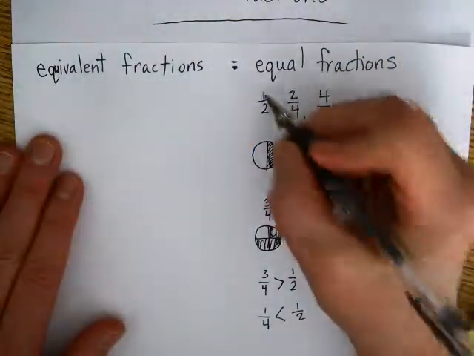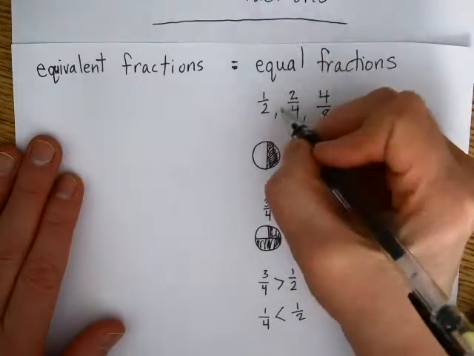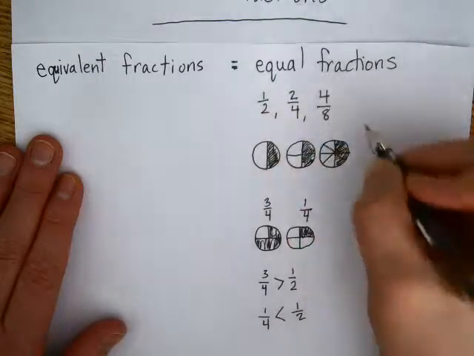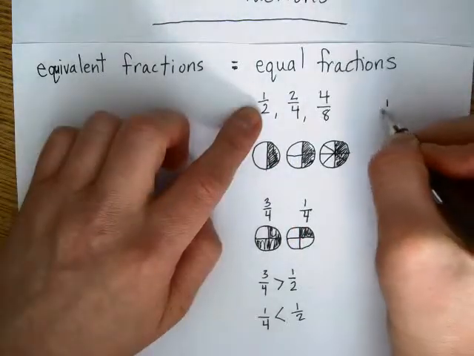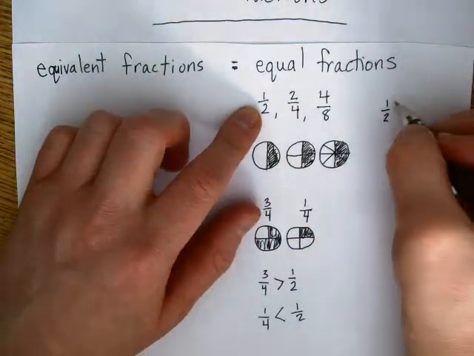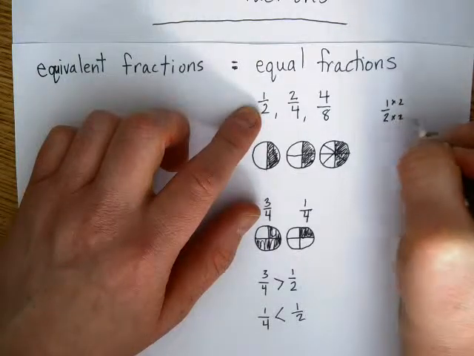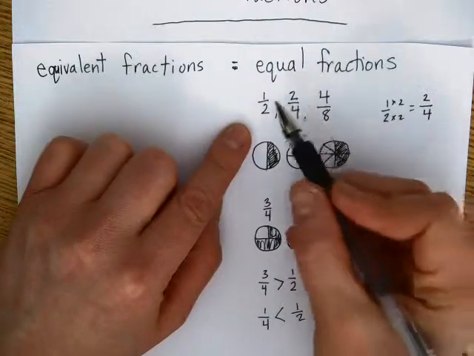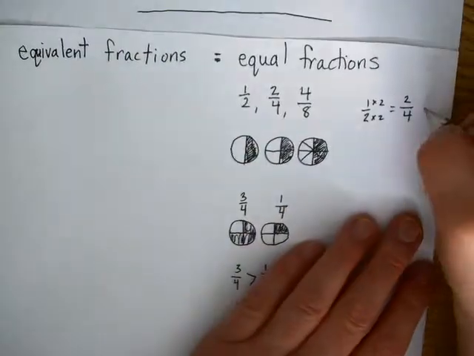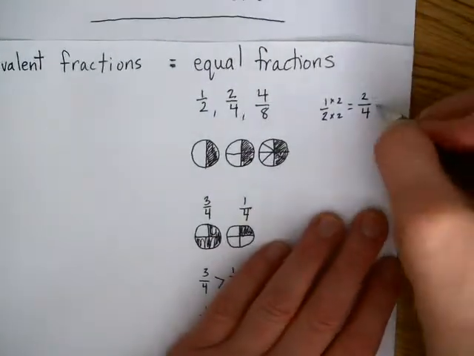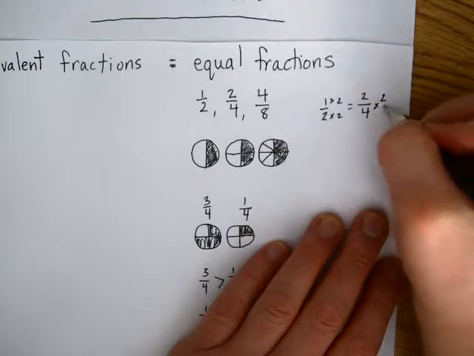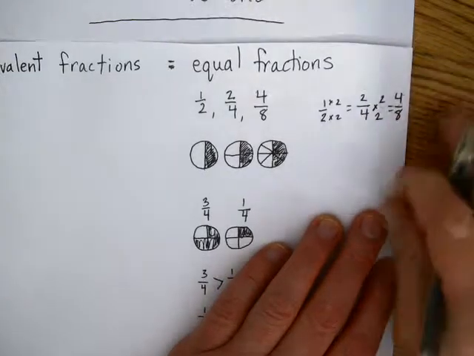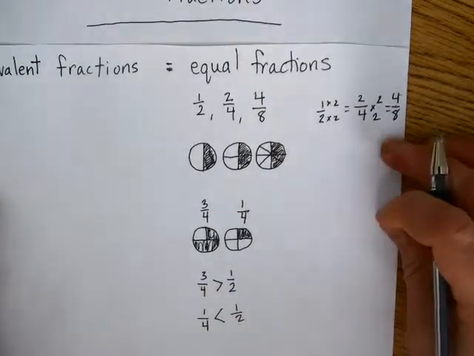So the pattern that we would notice between these ones would be, we just multiplied each one times 2. So 1/2, if we multiply the top times 2 and the bottom times 2, we get 2/4. That produces an equivalent fraction. And then if we multiply 2/4, the top times 2 and the bottom times 2, we get 4/8. Again, that produces an equivalent fraction.